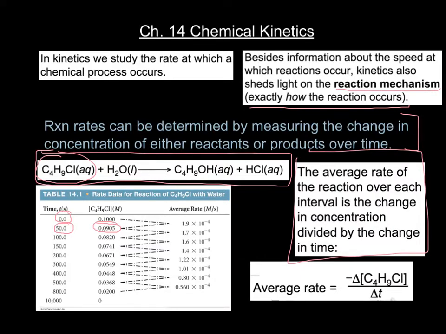So in this case, my change in concentration would be from 0.1 to 0.0905, and my change in time would be from 0 to 50 seconds. And we can represent that with this equation down here, something that's all very familiar to us, delta. So the change in the concentration of my reactant over the change in time.